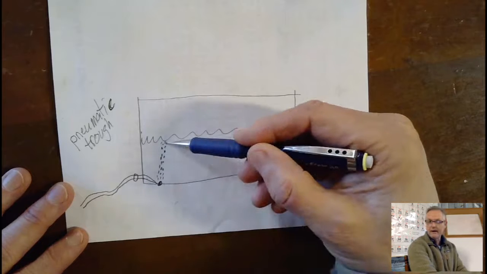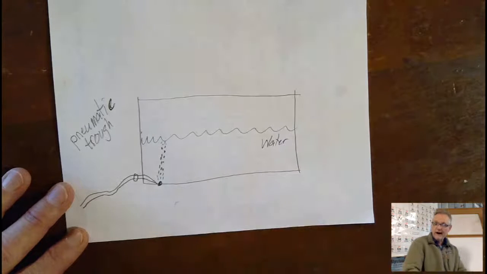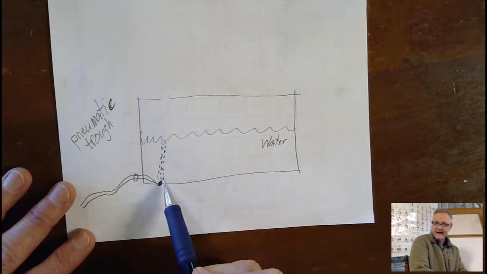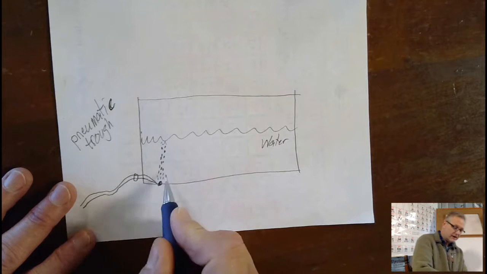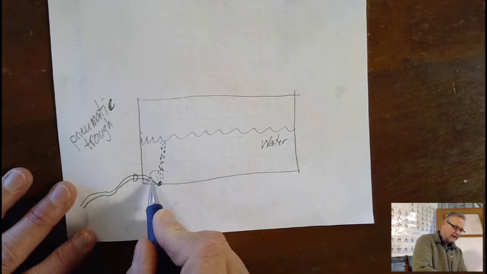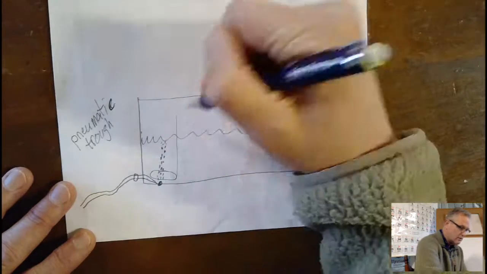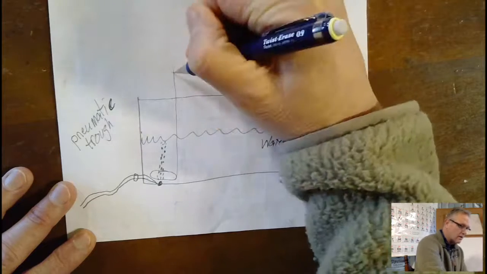So the gas bubbles would go up this tube, and I would be able to collect that amount of gas. The thing about it is, do you see how I'm bubbling it?